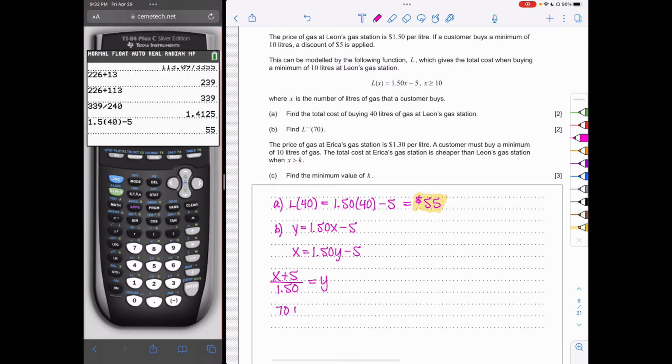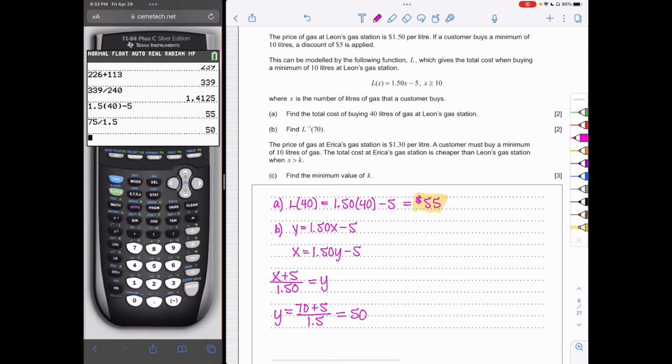So (70 plus 5) divided by 1.5 is equal to Y. And when we simplify it, we will end up getting 75 divided by 1.5, which is 50.